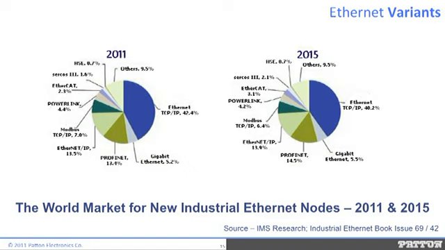Note, though, that the IP in EtherNet/IP is for industrial protocol, not Internet protocol. On the other hand, some Ethernet variant protocols also are increasing in percentage of market, such as EtherCAT. Now, EtherCAT is Ethernet for Control Automation Technology and is an open, high-performance Ethernet-based fieldbus system.